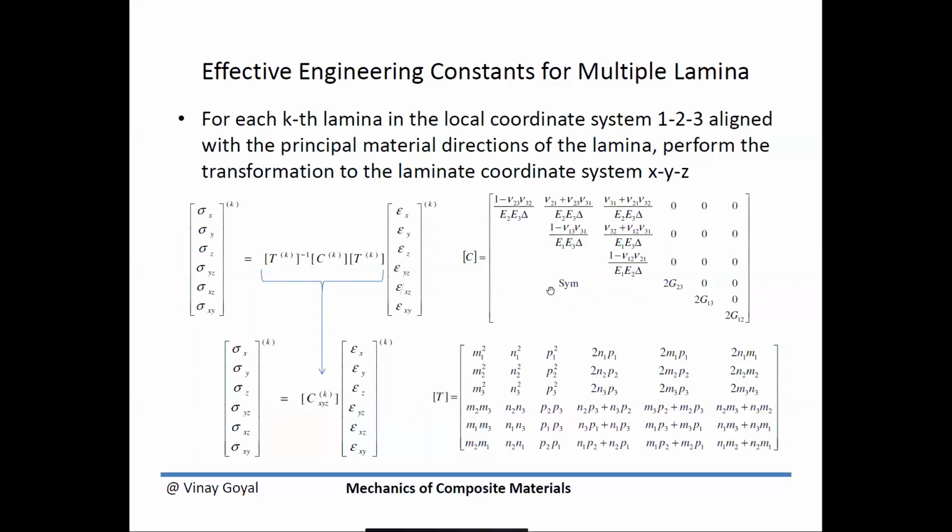So given these two things, I now know how to transform the constitutive law for a single ply. If C is known in the ply principal orientation, and I know T, the ply angle, then I can calculate C, the constitutive law, in the laminate orientation for every ply. That's what the k is here for. I can do this for every single ply, so if I have n plies, I have to calculate this n times.